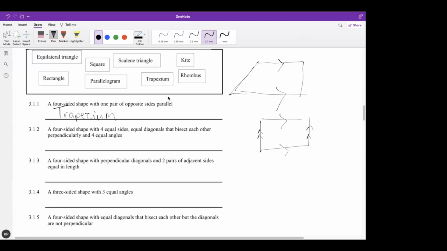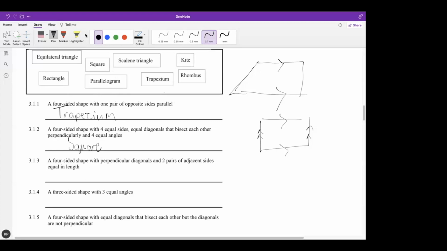Are the diagonals of a rhombus equal? No. So which shape are we talking about here? It's not a rhombus, but it is a square, guys. It is a square.